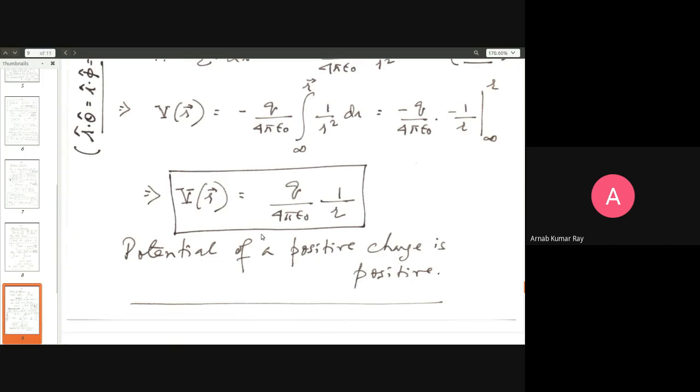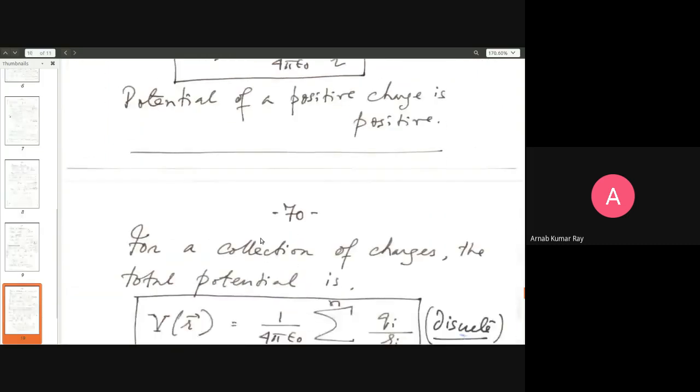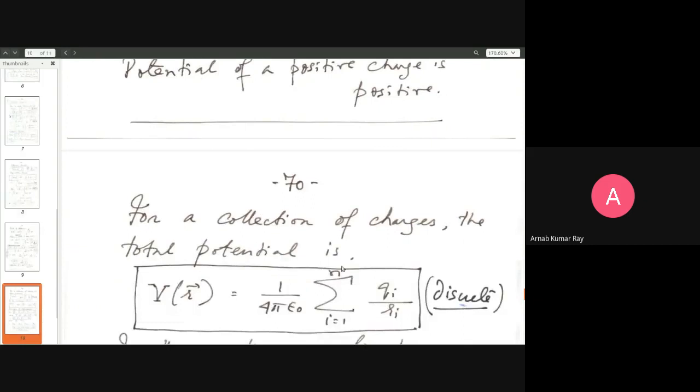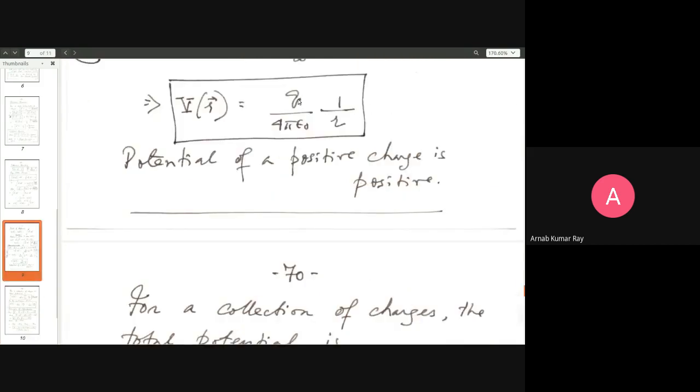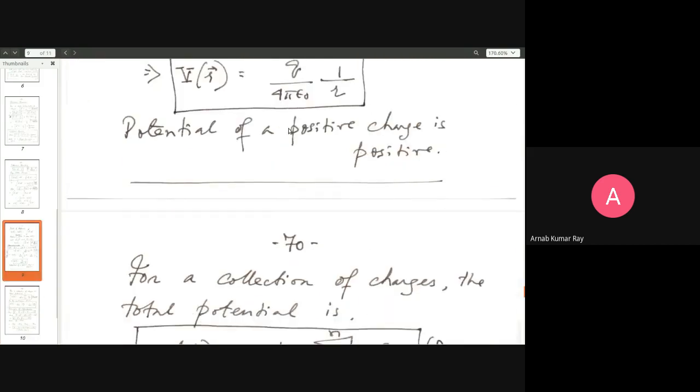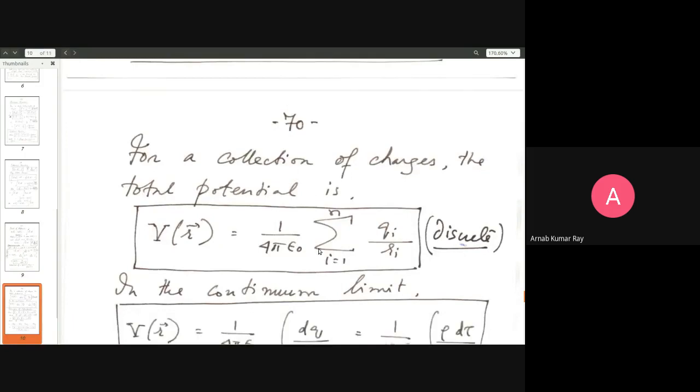So if you have a whole bunch of such charges, a collection of charges, the total potential will be 1 by 4 pi epsilon naught, summing from i equals 1 to n, if you have n such charges instead of a single charge, Qi by Ri. You just add them all up. Q is changing, R is changing, 1 by 4 pi epsilon naught is a constant quantity.